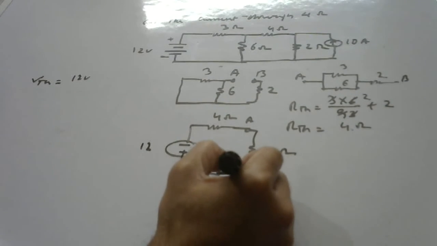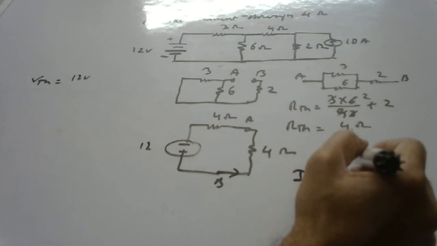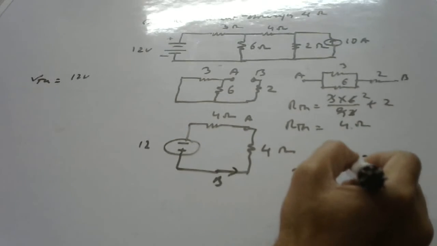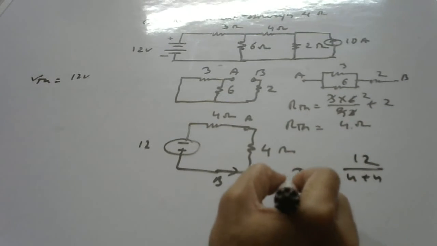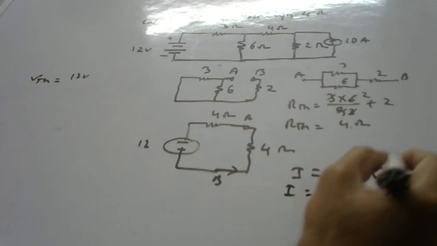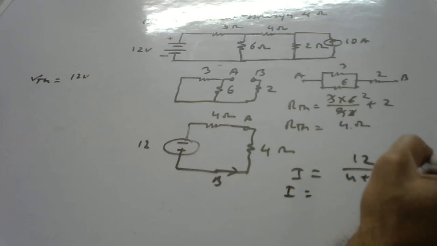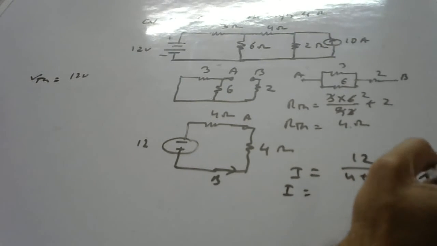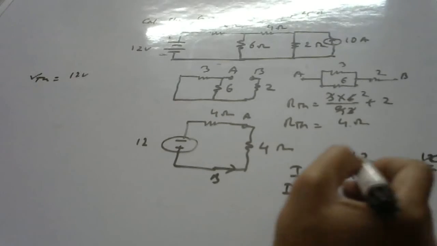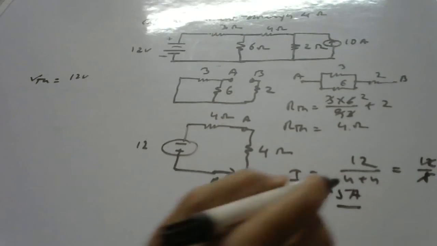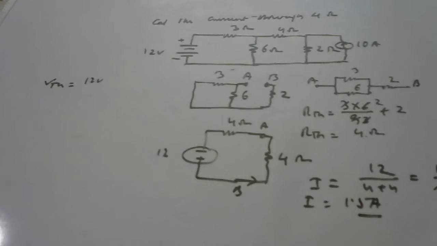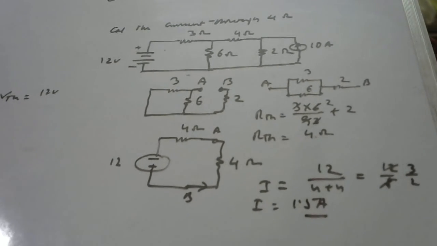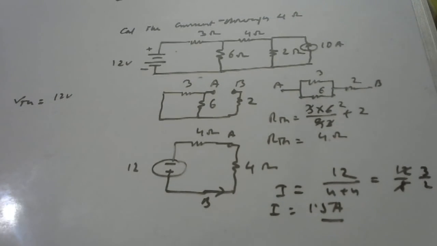The current through the load I equal to 12 divided by 4 plus 4, that is 12 by 8 or 3 by 2 or 1.5 ampere. This is the current through the load, 1.5 ampere.